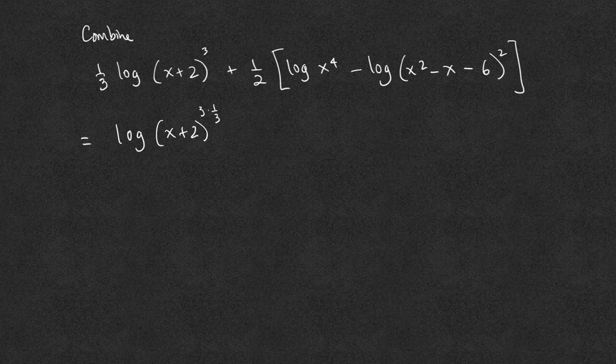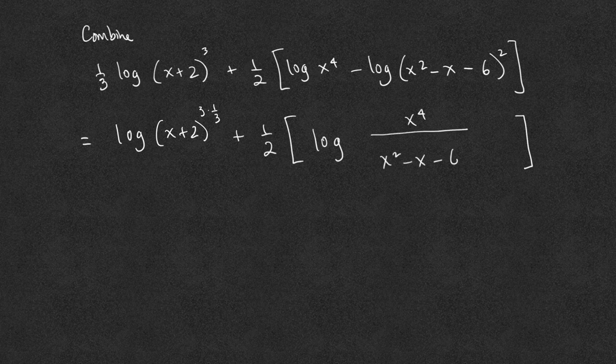But with any simplifying problem, we will simplify the brackets first. Inside of the brackets is the difference of logs, and so the difference of logs is log of the quotient, x to the 4th over (x squared minus x minus 6) squared.